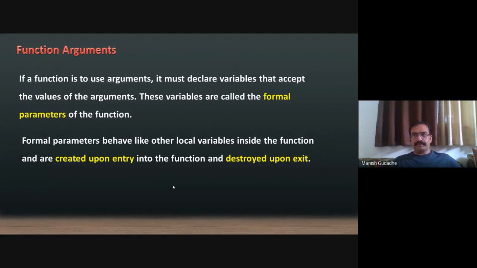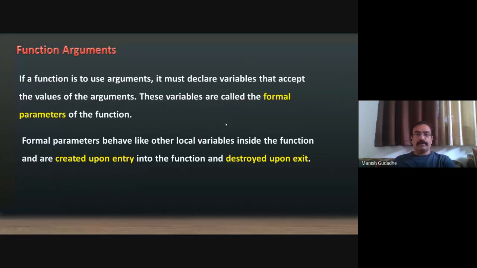In further programming, when we understand dynamic memory allocation, we will create variables during the program and also destroy them once done. We'll not keep them in memory for long, because we have to bother about memory usage. So function arguments are created upon entry and destroyed upon exit.